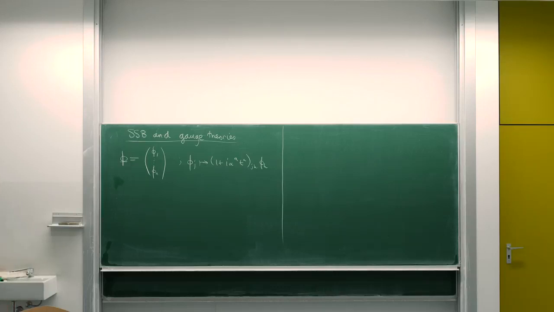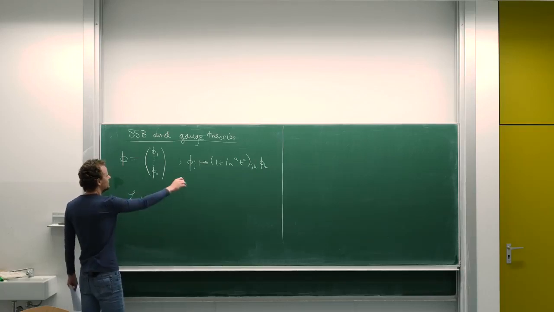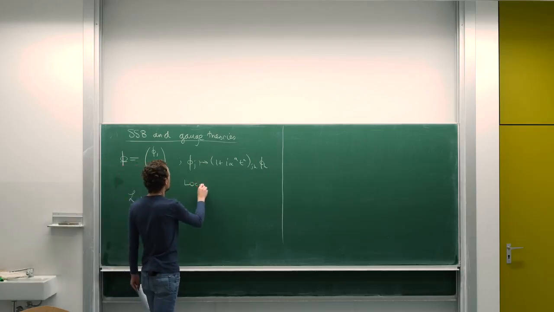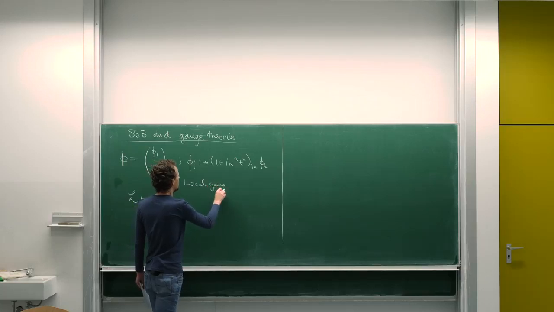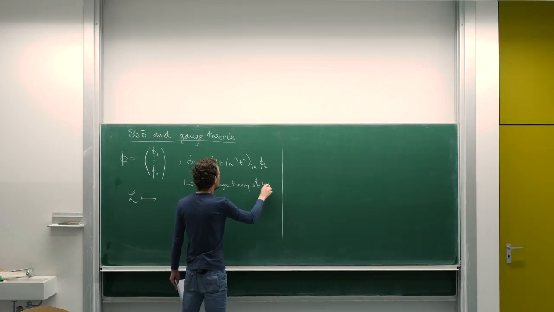Then, by adding a potential to the Lagrangian, so this is a local gauge theory of bosons.